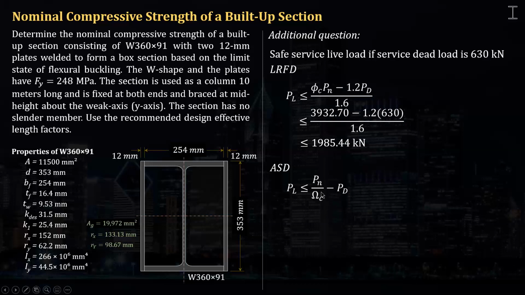The safe live load is just the difference of this allowable minus the service dead load. So we got in the previous slide this being equal to 2,616.57 minus 630, and that will give us 1,987.57 kilonewton. So as you can see, malapit lang sila.